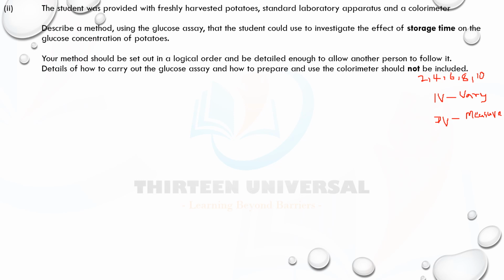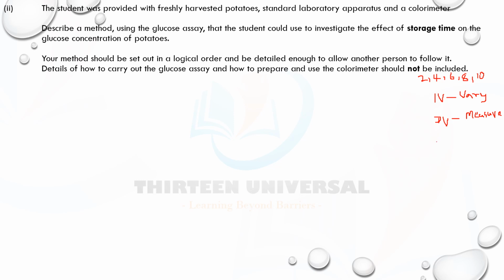So use a colorimeter to do that. You can use a colorimeter to determine the absorbance, or you can decide to use the glucose Benedict test, then check the time for the first color change. But whatever you are doing must be in line with what I have said, guys. So that's my dependent variable.